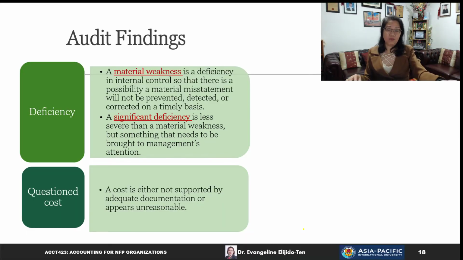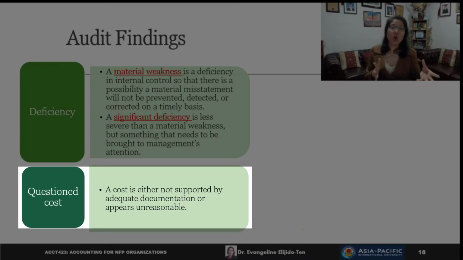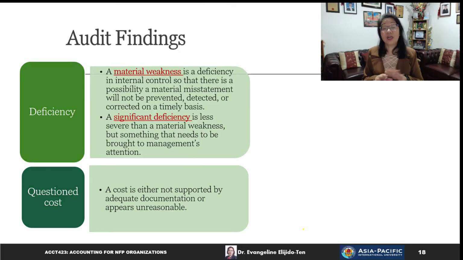Because if a significant deficiency is not taken into account or no corrective action is made, then it may progress to become a material weakness. All right. Questioned costs are costs that are not supported by adequate documentation. So if you spend so much, for example, in a particular expenditure and it is unreasonable, then that could be a cost that could be questioned by the auditor.